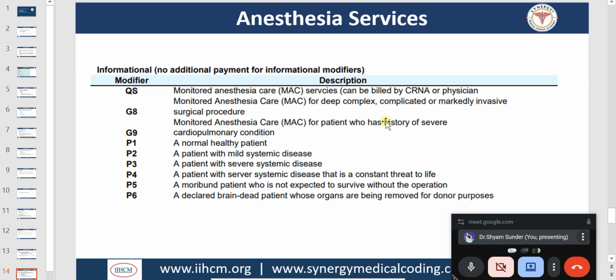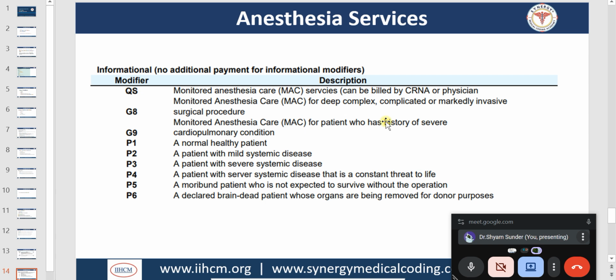What is monitored anesthesia care? Yes, that's a type of anesthesia care. It's not as complex as GA. GA is highly complex. In MAC, the patient is under sedation, but is able to respond to stimulus.